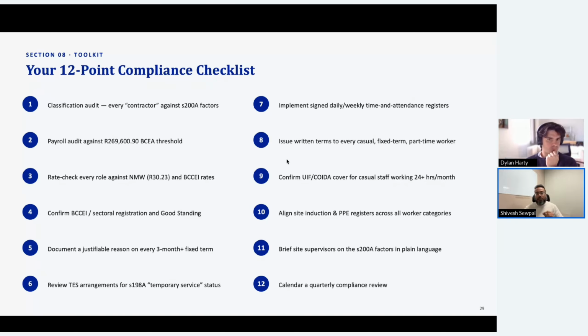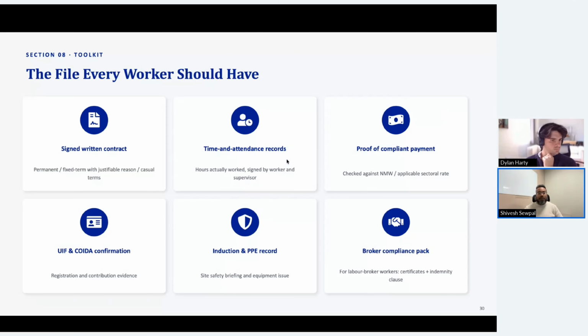If an employer worked systematically through those 12 points, they would already be in a significantly stronger compliance position. If I had to simplify compliance into one practical instruction, it would be this. Every worker should have a file, physical and/or digital, containing the core documents that tell the story of the employment relationship.